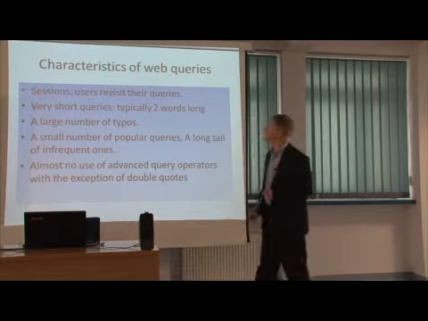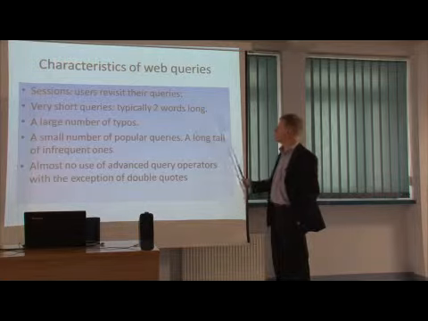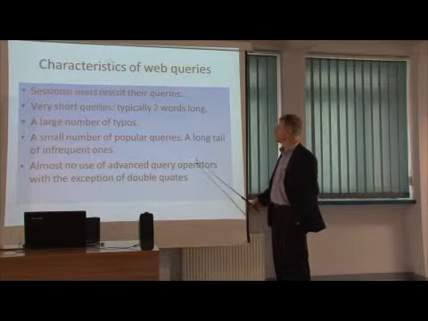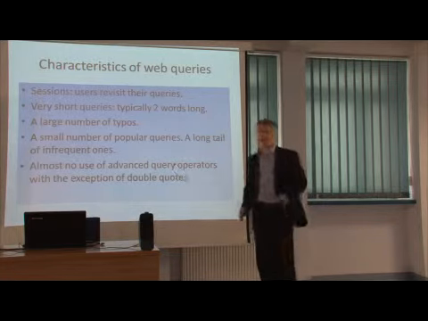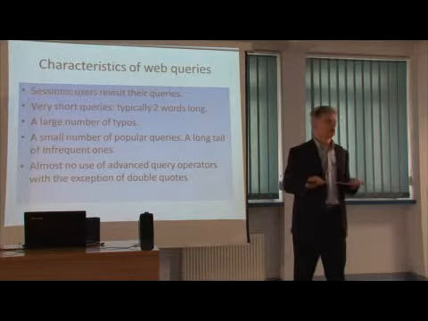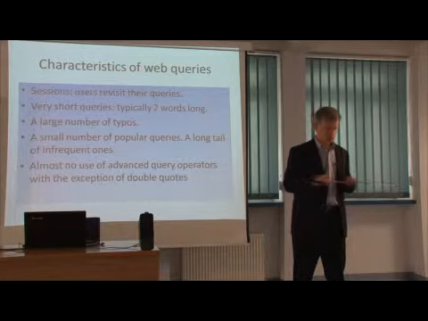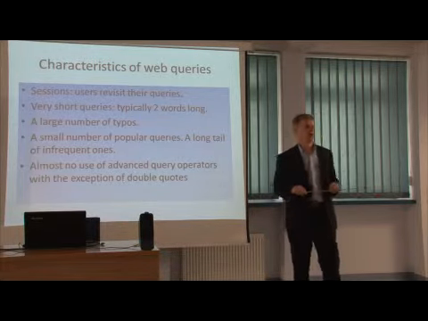So notice that the queries are often short, there are typos, there is a small number of popular queries and a long tail of infrequent queries, and almost no advanced operators used. This is all based on keywords. In contrast, in enterprise search, or for instance in the example I mentioned before of patent search, almost all queries use advanced operators.